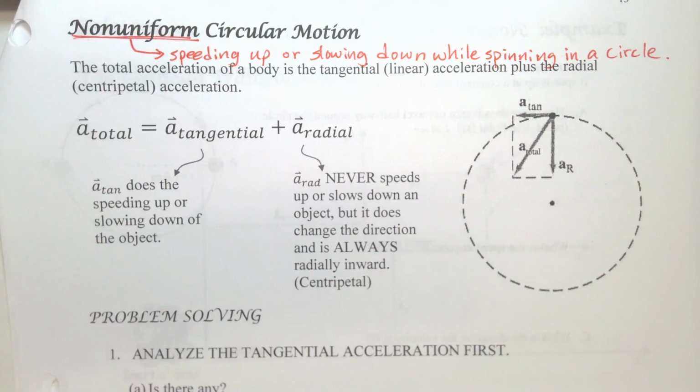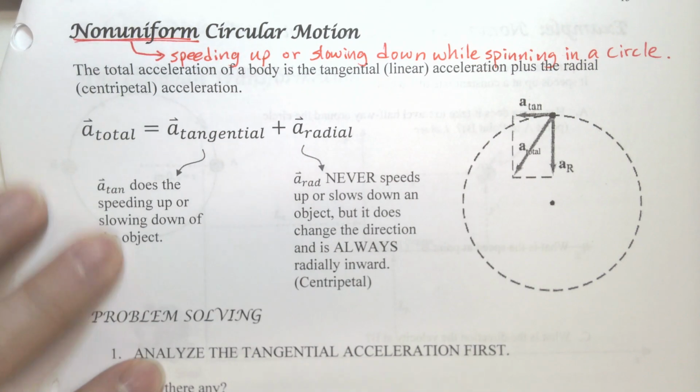Radial acceleration only measures things when they're going in a circular motion, right? But what happens when things are speeding up or slowing down, from your summer assignment? What kind of acceleration? Tangential acceleration is the correct answer.